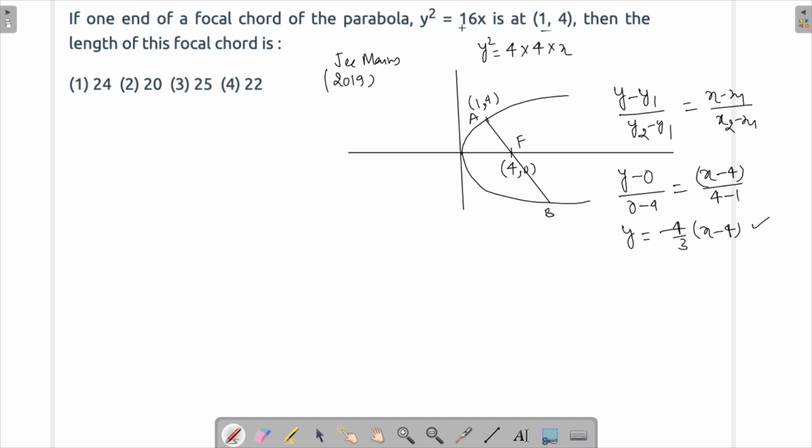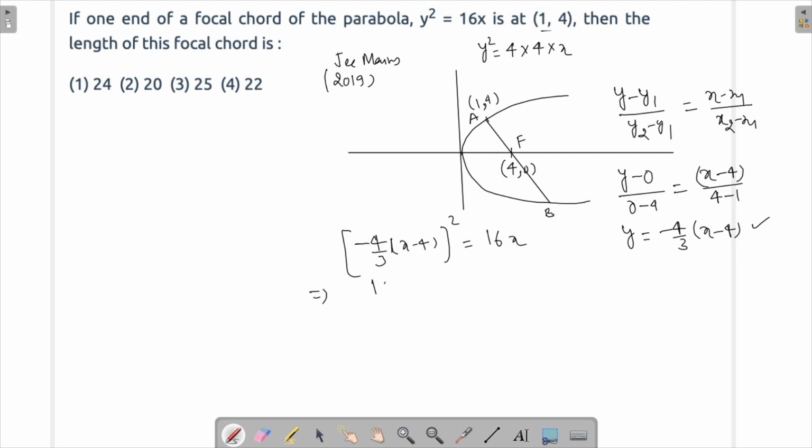What I'll do is substitute it in this equation and find the 2 roots so that I could make use of that to find the length of this focal chord. So y square equals 16x, which means that (minus 4 by 3 into (x minus 4)) whole squared is equal to 16x.